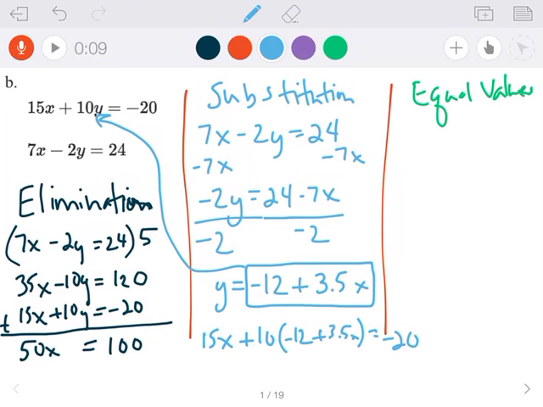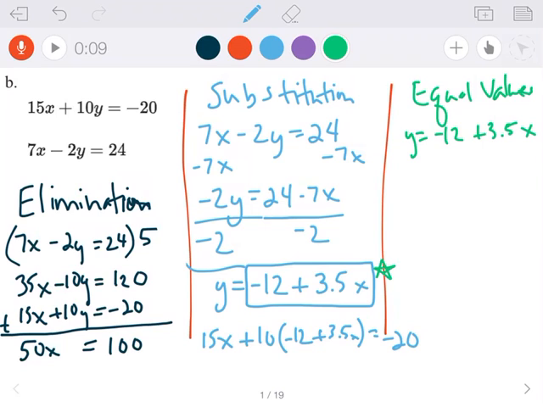Equal values would be the third, and so in order to use the equal values method, it means that both equations have to be equal to something. And so since they're equal to different things here, -20 and 24, means we'd have to rearrange both equations somehow. And since we've already rearranged this one down here into y equals form, if we can do the same for the other one, then we could set them equal to each other.